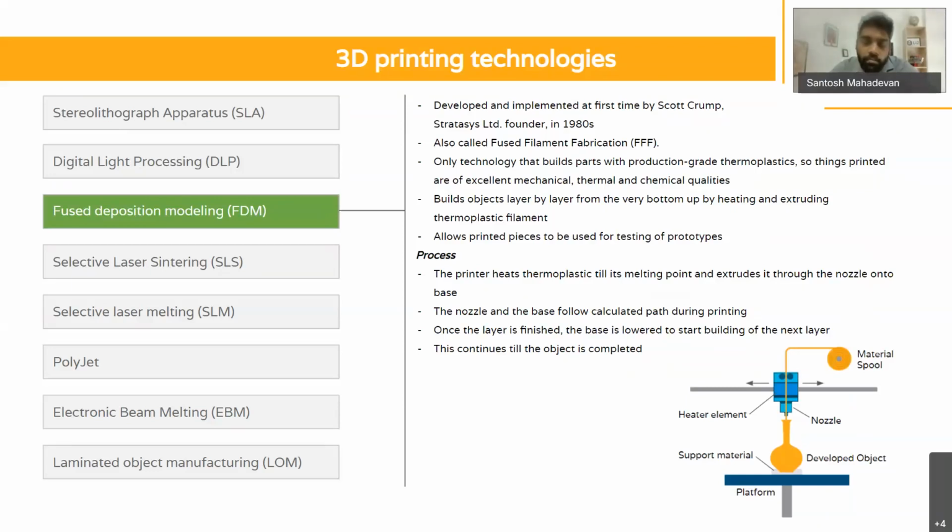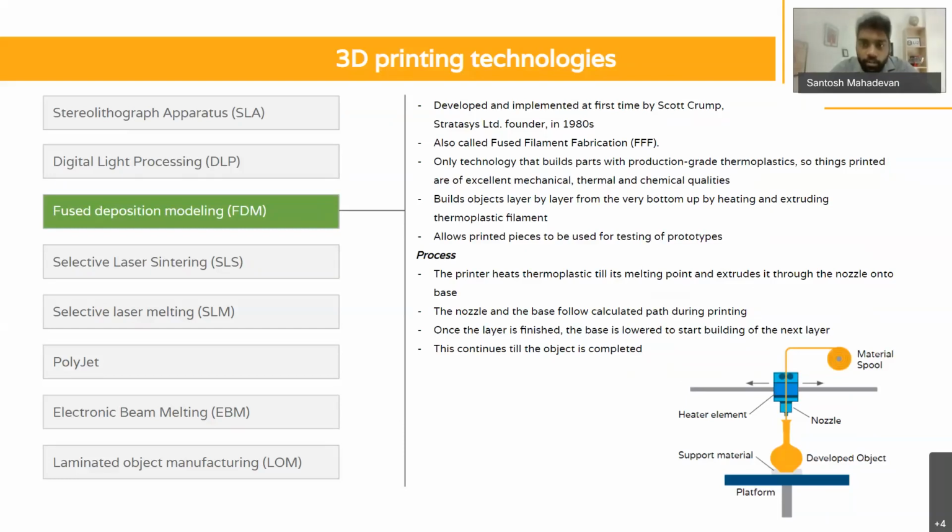Patents basically hold a technological validity beyond which new technologies are set to replace them. That is the reason patents are given a lifetime of about 12 to 20 years. Under this same window, Scott Crump and his company had the patent for FDM until the year 2000.